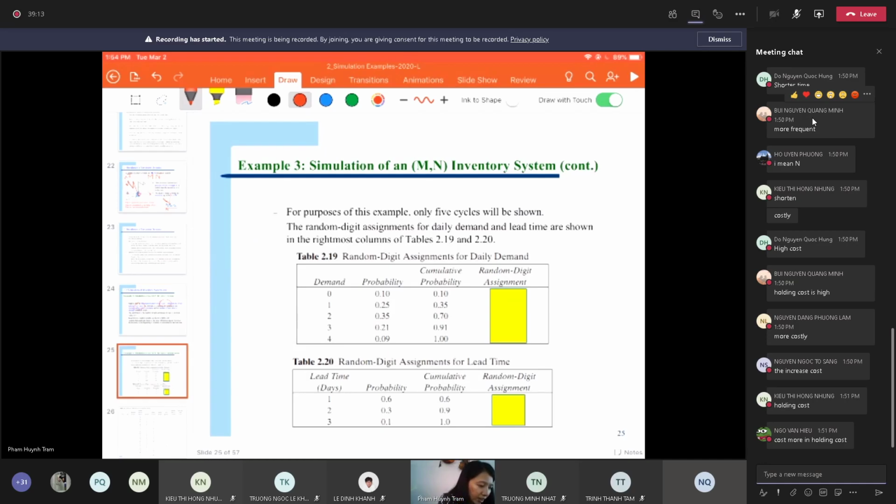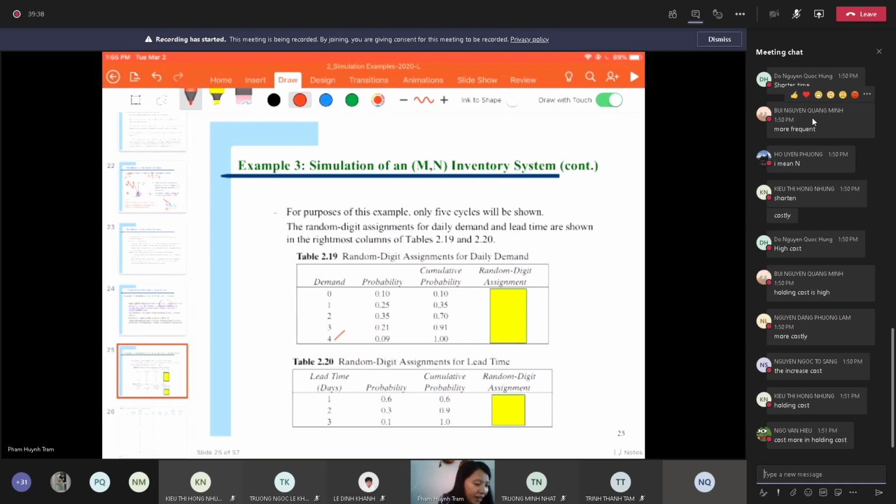So the demand, according to our history data, may vary from 0, meaning one day there's no customer, to 4 units. 0, 1, 2, 3, 4. We assume that this is what we get from our historical data, and we will simulate this historical data.